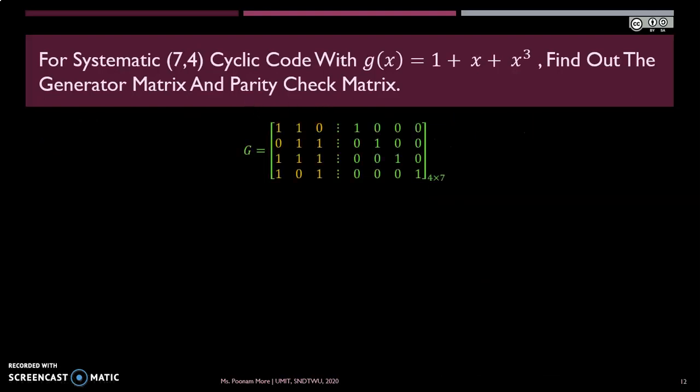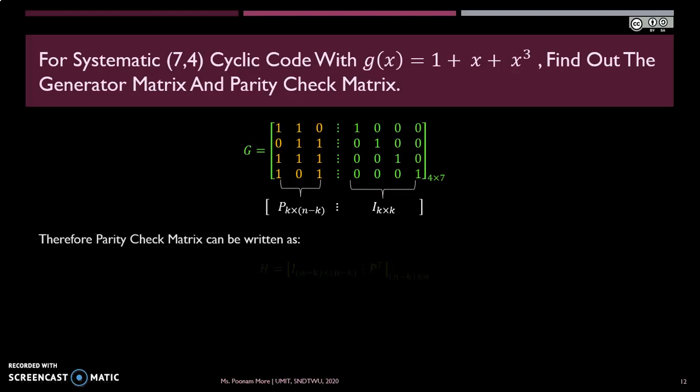Here I have rewritten our systematic generator matrix for the systematic cyclic code, and now from this we will go for the parity check matrix. The parity check matrix can be represented as shown here, where it is made up of an n minus k by n minus k identity matrix followed by P transpose.